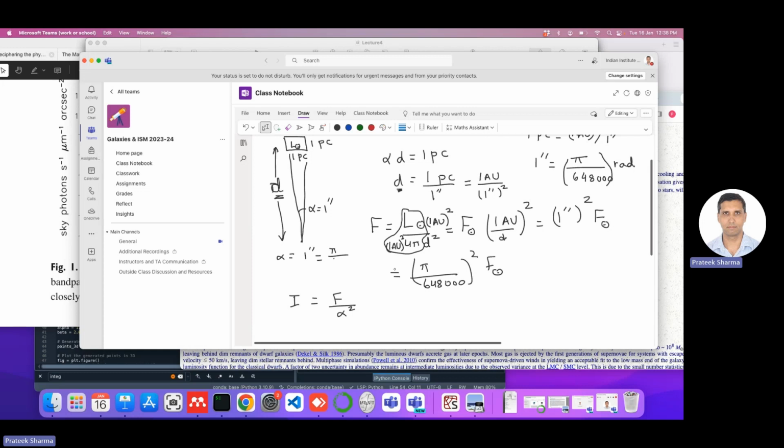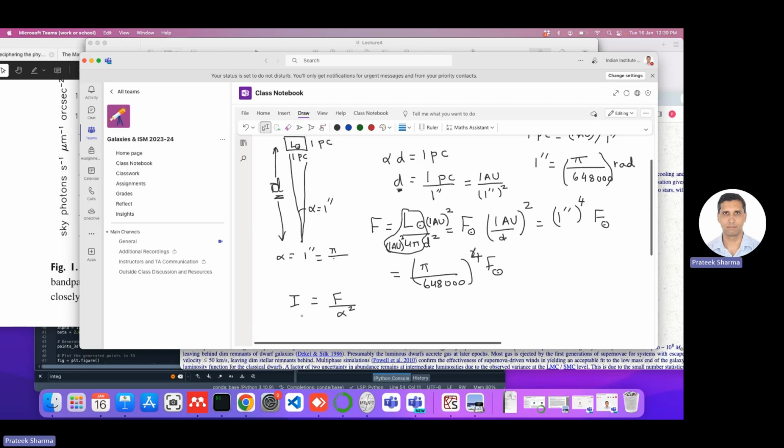So in the end, you will get 1 arcsecond to the power of 4. 1 AU by D squared, AU by D means 1 arcsecond squared. So it becomes the power of 4, right?